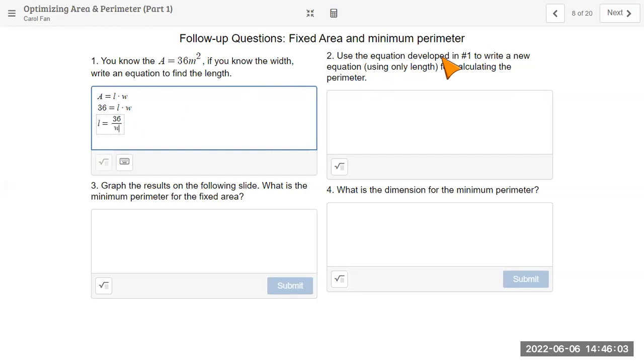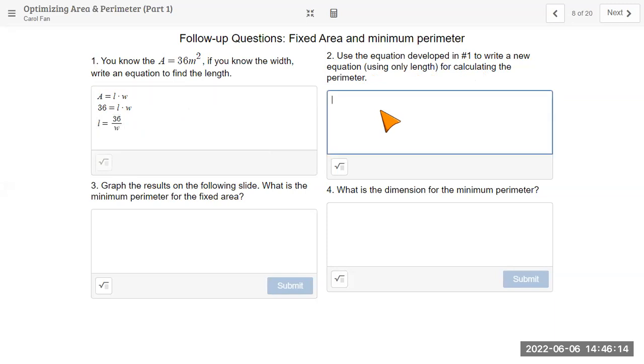Using the equation developed in number 1, write a new equation using only the length for calculating the perimeter.